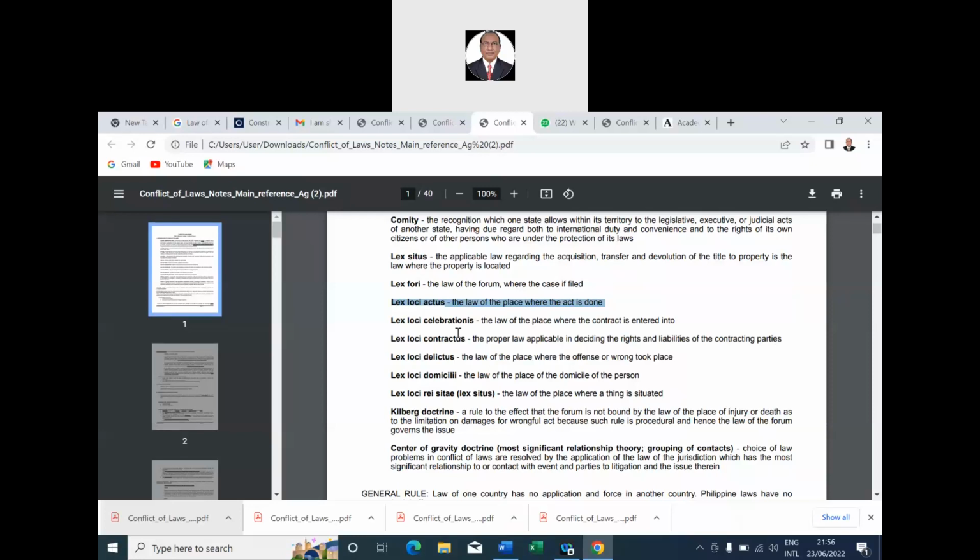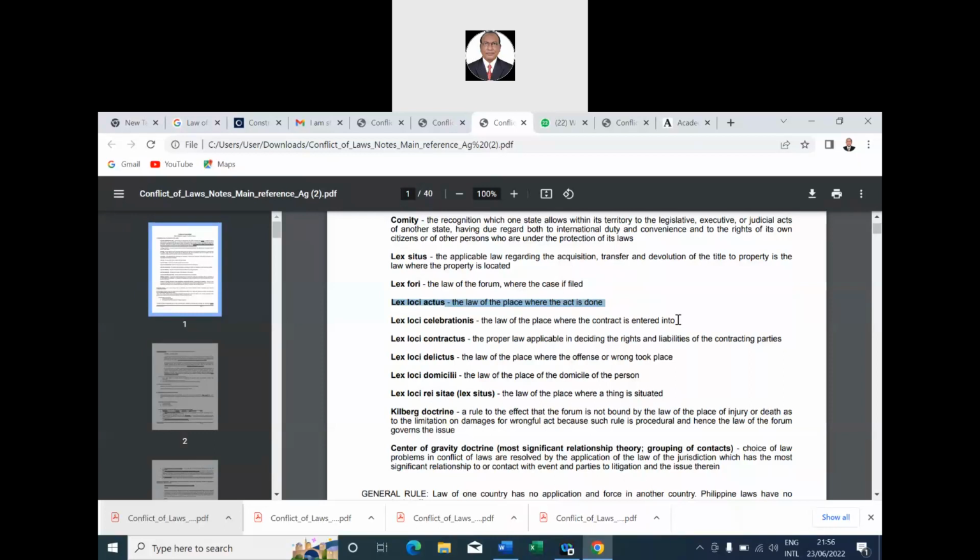When you come to lex loci celebration, it is the place where the contract is entered into. Celebration here means marriage, solemnizing. Actually, it is also a contract, is it not? It is. So these three were just confusing, but now it's clear. Celebration is especially for family law, matrimonial matters.